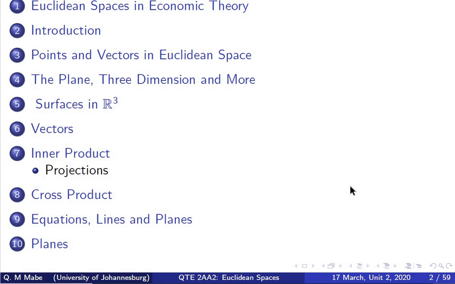And we will discuss more on three-dimension points as well as surfaces in R3, vectors in a dot product as well as cross product, and we'll go on to equations of lines and planes.